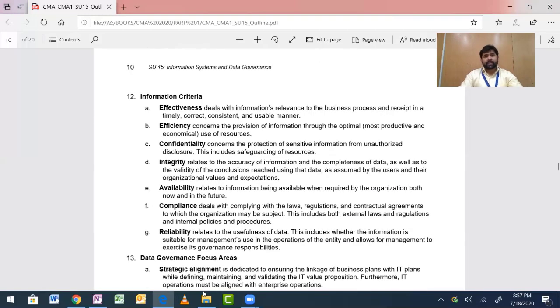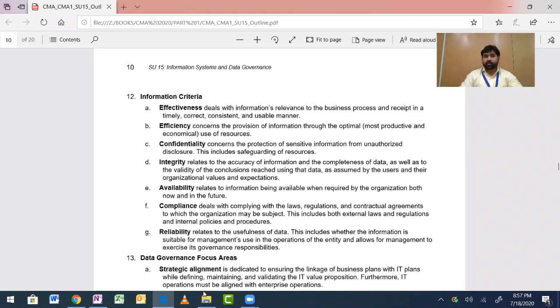All right, information criteria. What are the criteria for information? It should be effective. It should be efficient. Fine. It should be confidential. All of these things are easy to understand. The integrity should be there. So many people are involved in putting in the data, so what are the chances that the data can be corrupt? If it is high, then there is no integrity.